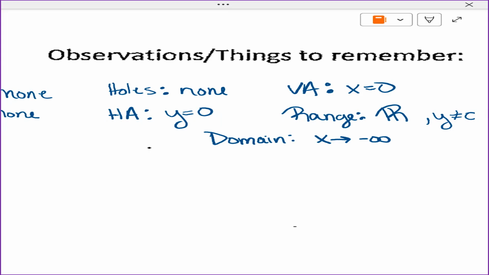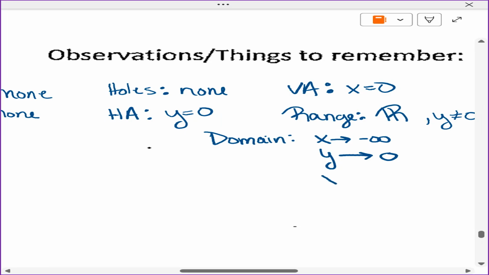So as x gets really, really small, y almost equals 0. So y approaches 0. And that's what this arrow means. It doesn't equal 0, but it approaches 0.